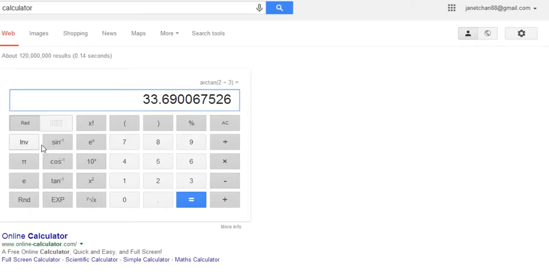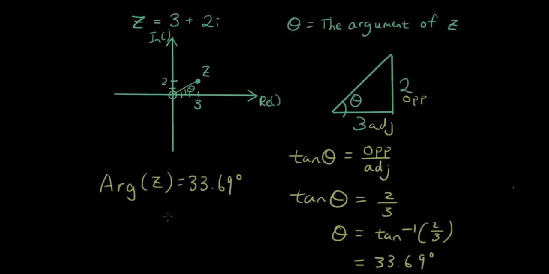So arctan 2 over 3, and you get the answer in radians, which is 0.588 radians.